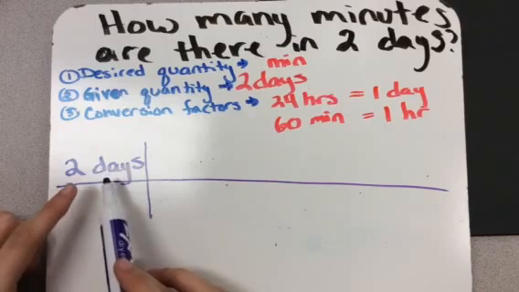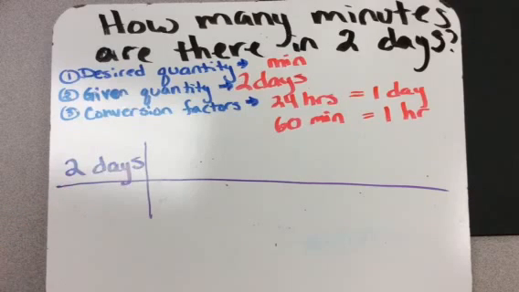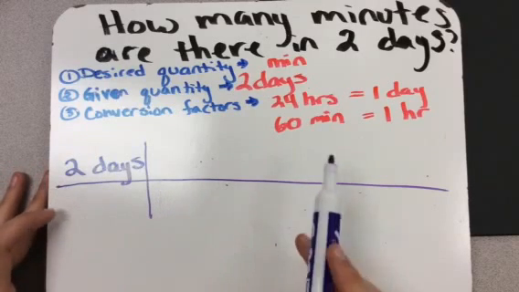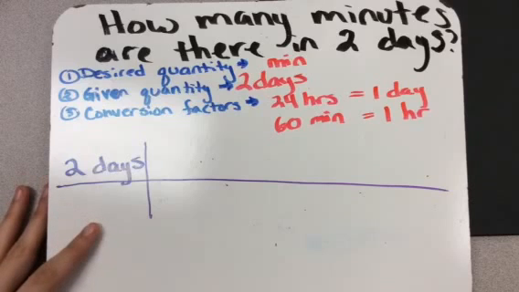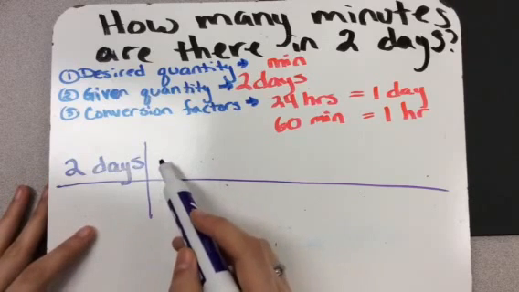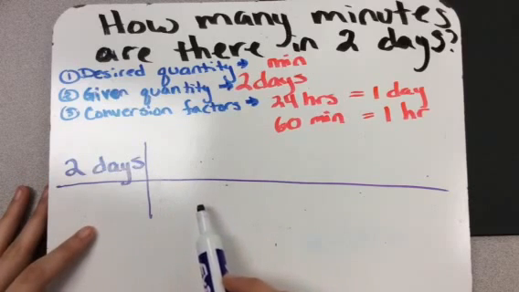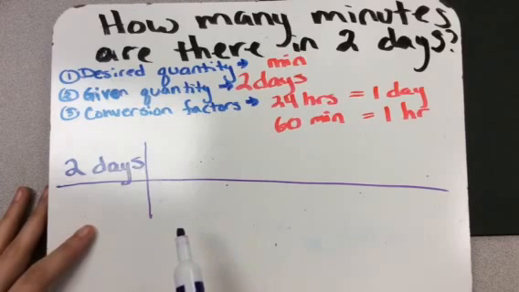We're first going to go from days to hours, because again, we don't know exactly how many minutes there are in 1 day, so we're just going to go to hours first. We know that there are 24 hours in 1 day. Now, I could put 1 day up here and 24 hours here, but the key to factor label is to cancel out units.